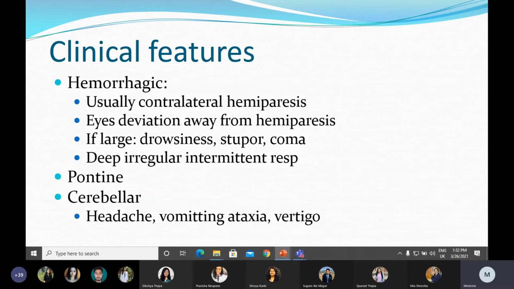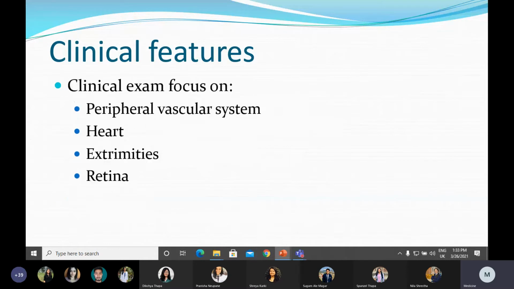And if the patient has a very large hematoma within the brain stem, then the patient may die because of the pressure over the respiratory center and the cardiovascular centers.